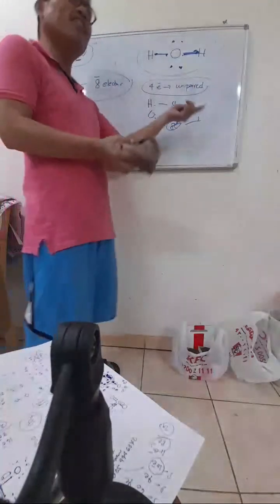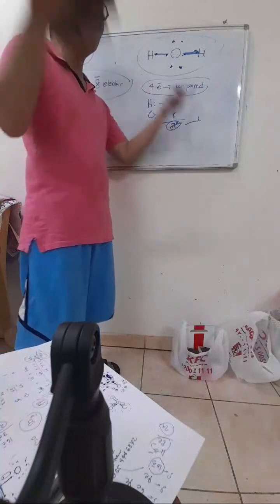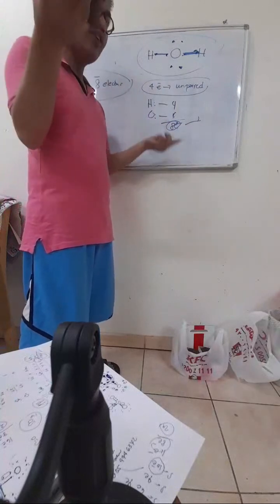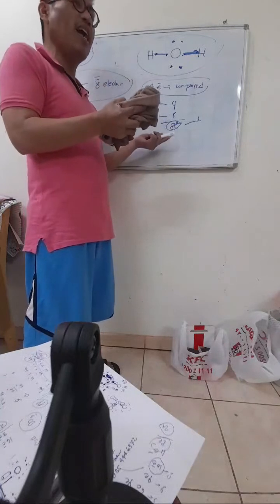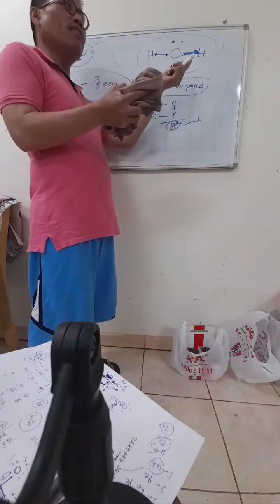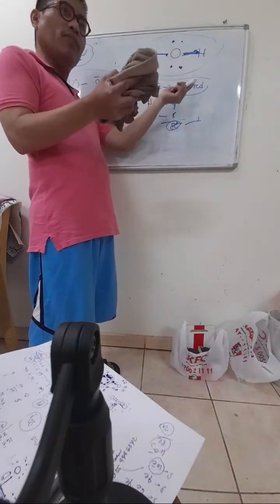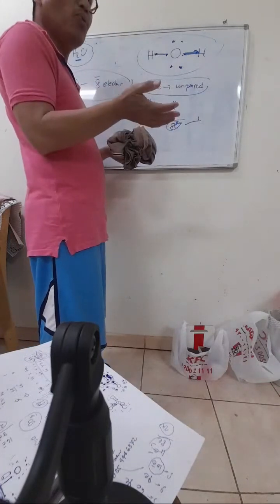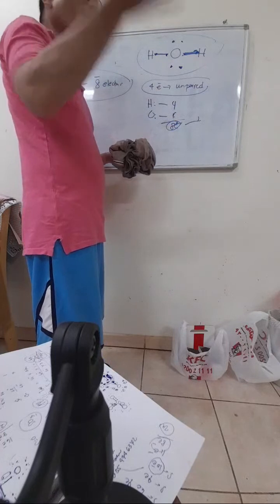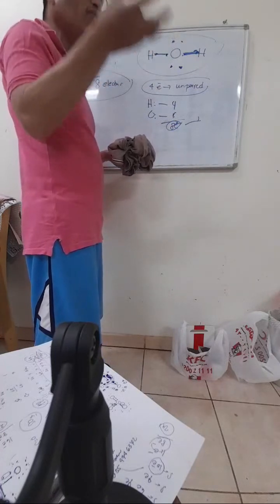Just like me, I learned this 30 years ago, but I can still remember it until now, even though I don't review. There's no need of review if it is stuck in your brain cells because you understand it fully.